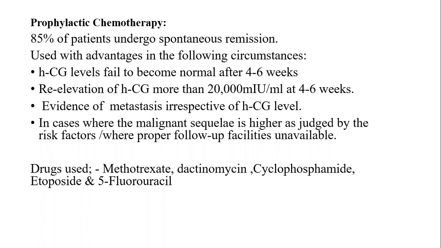So it is usually used with advantages in the following circumstances: HCG levels fail to become normal after 4 to 6 weeks; re-elevation of HCG more than 20,000 milli-international units per ml at 4 to 6 weeks after management; evidence of metastasis irrespective of the HCG level; and also in cases where the malignant sequelae is higher as judged by the risk factors, or where proper follow-up facilities are unavailable.